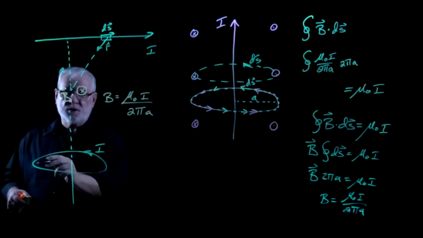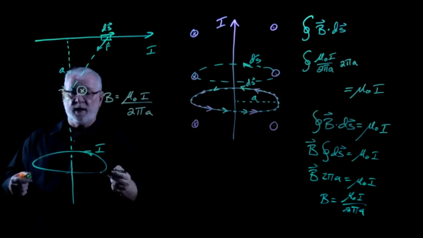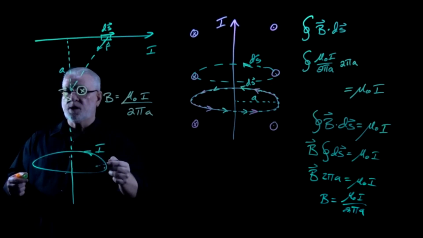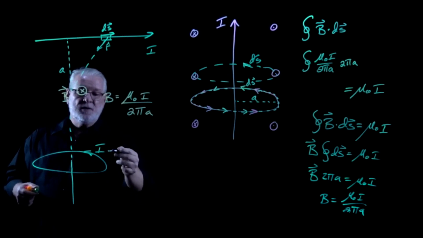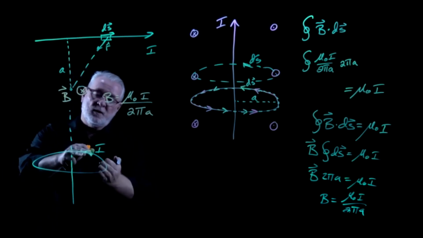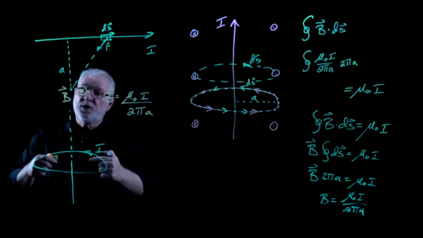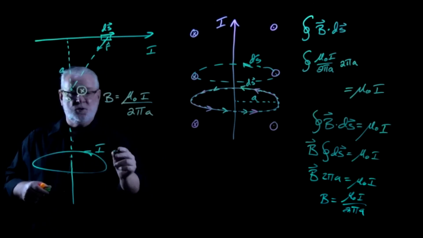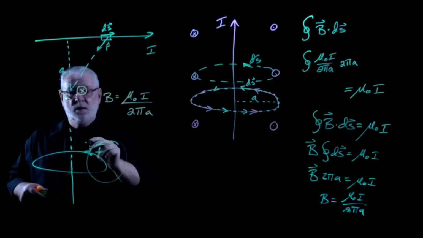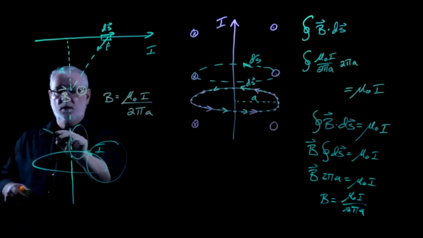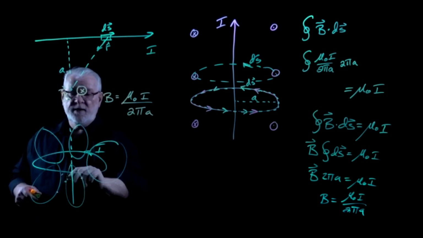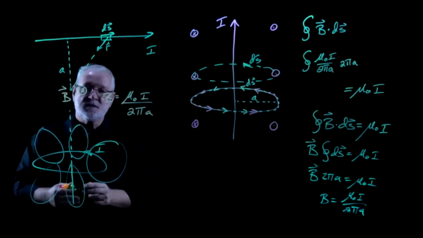Well, I know that the current carrying wire will generate little magnetic field lines that run around in circles on it. The problem is those field lines are going to radiate circularly, which means they'll all be closer together inside of the loop. And they'll all be further apart outside the loop.